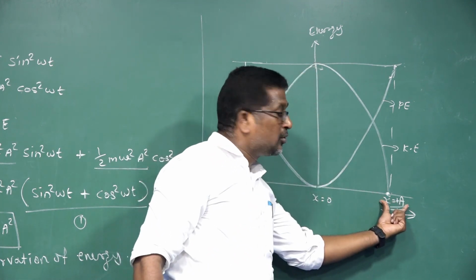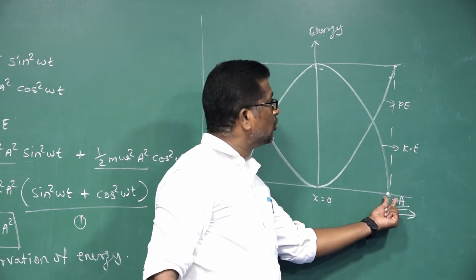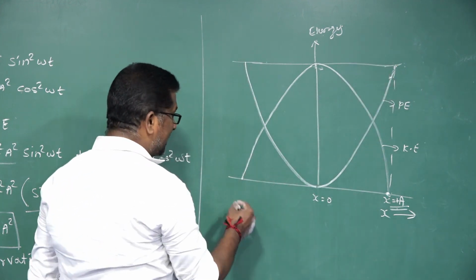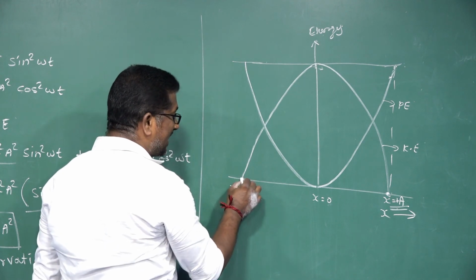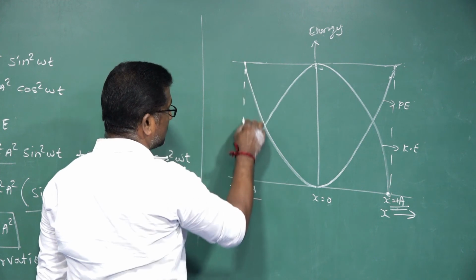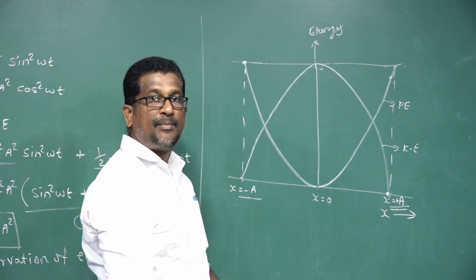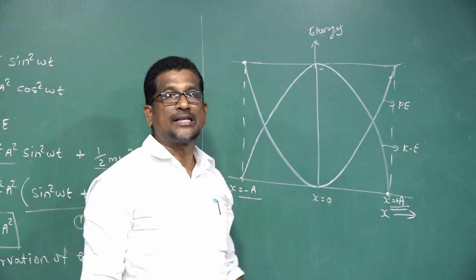But at the first extreme position, kinetic energy value is 0, whereas the potential energy is maximum. In the second extreme position, that is x equal to minus a, again the kinetic energy value is 0, whereas potential energy is maximum.